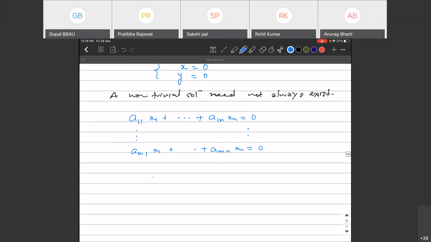I may write it as a summation, j from 1 to n of aij xj equal to bj, for i from 1 to m.